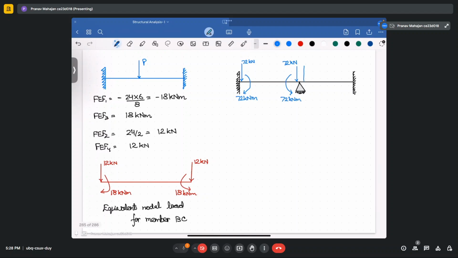And for BC, it is 12 kilonewton, 12 kilonewton, and the rotations that are observed are 18 kilonewton meter.